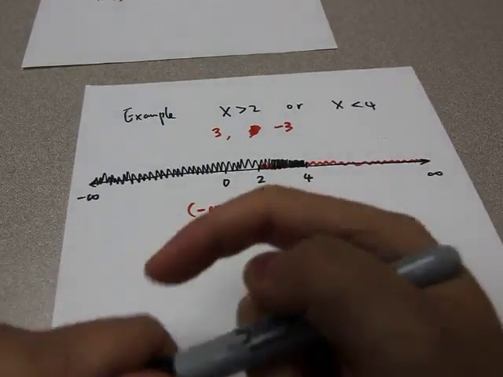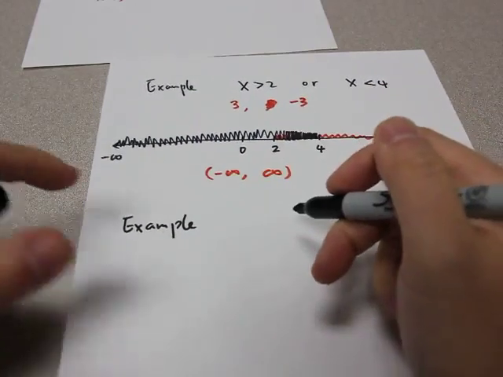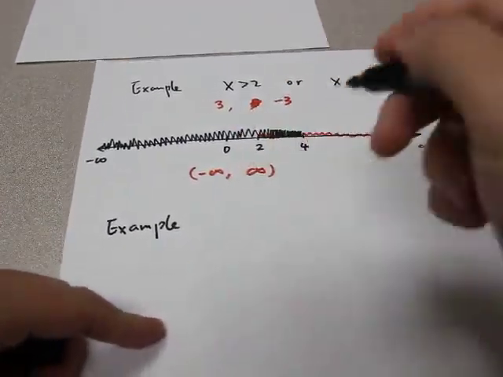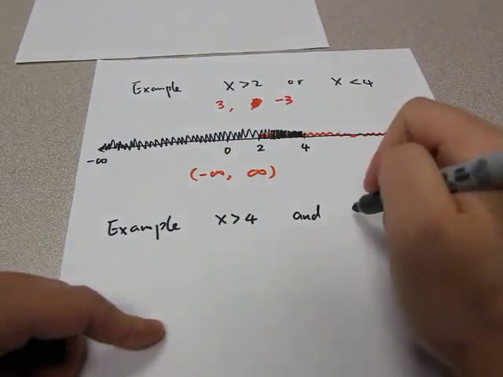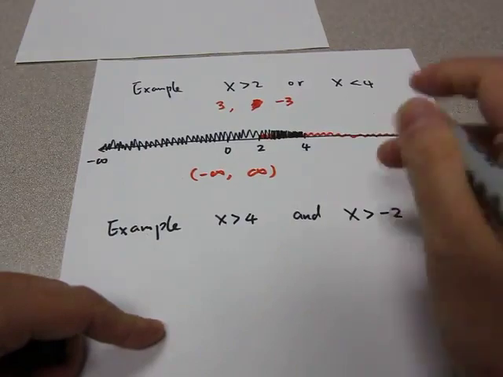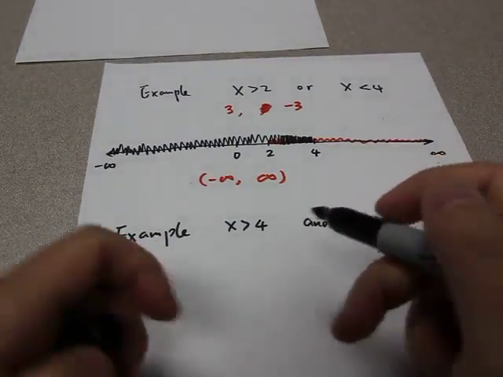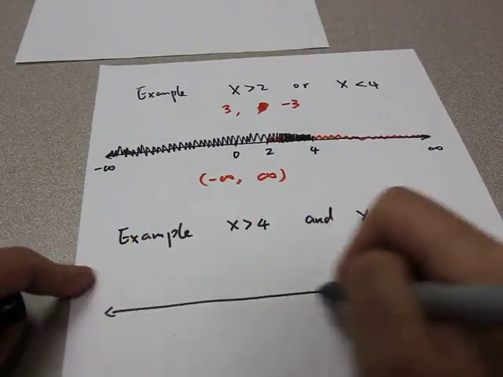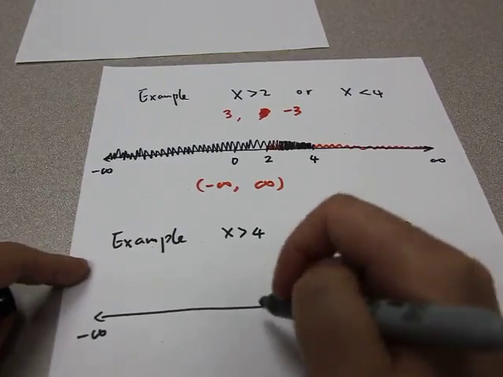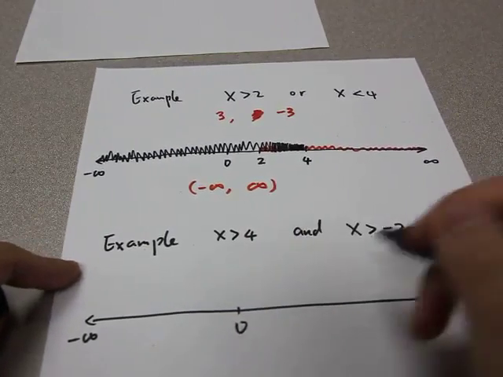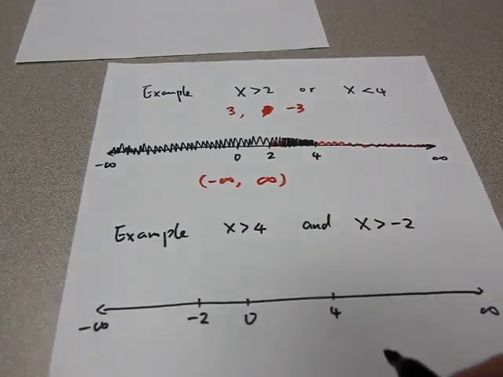Okay, now let's see what happens if we have a compound inequality that is connected with "and": x > 4 and x > -2. So here is 4, and over here is -2.